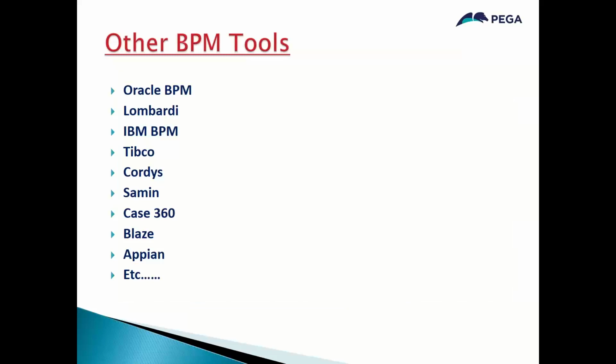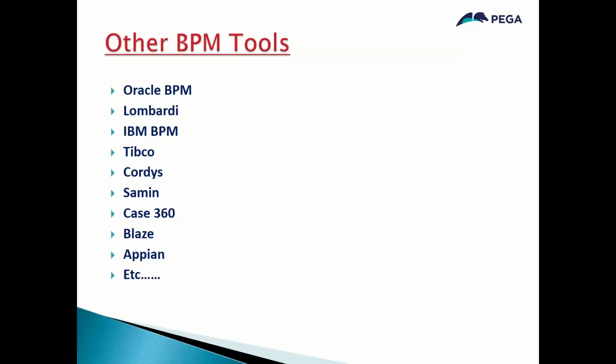In the market, Pega is not the only BPM tool. There are many technologies in this category, like Oracle BPM, IBM BPM tools and Windows BPM tools. But not every BPM tool is a development platform.